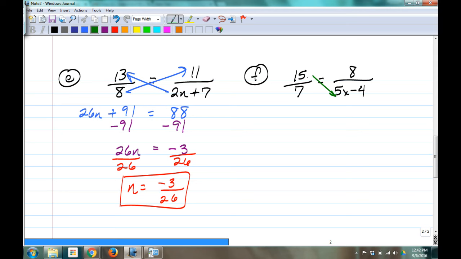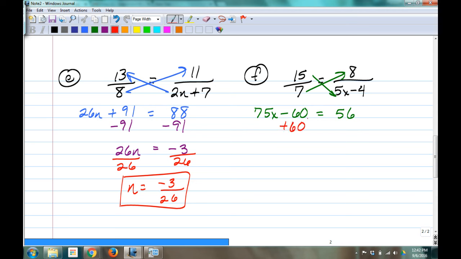Still cross multiply. 8 times 7 is 56, and then we're going to distribute 15 to 5x minus 4. 15 times 5, 75x. 15 times negative 4, 40 plus 20 would be 60. Okay, and now what?